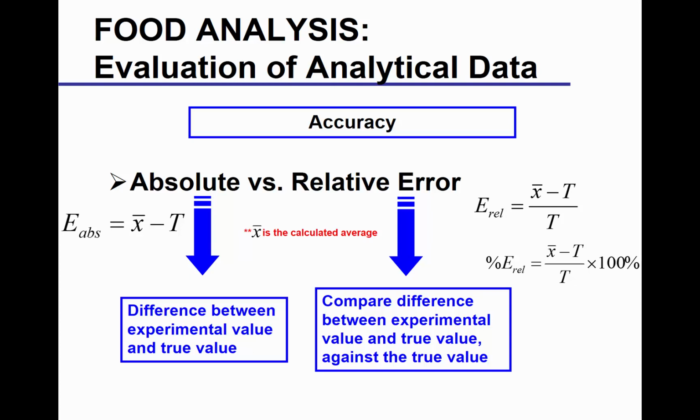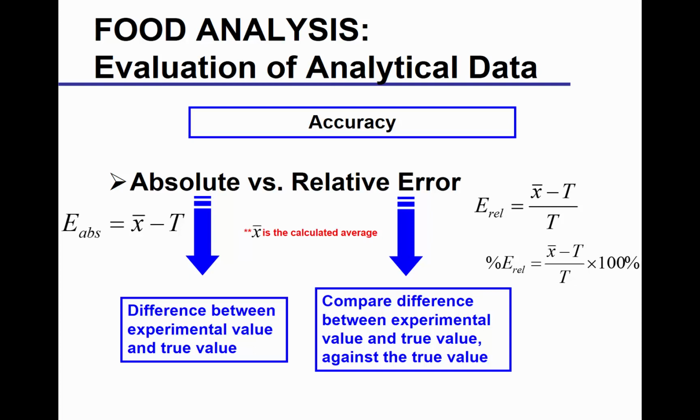Sometimes the true mean could be found on a nutrition label. If we're looking at, let's say, the fat content of baby cereal, which one of the groups will be analyzing, then you would go to the nutrition label and compare the value you've gotten in the lab to that on the label. Oftentimes you don't have information on the nutrition label, like moisture content.